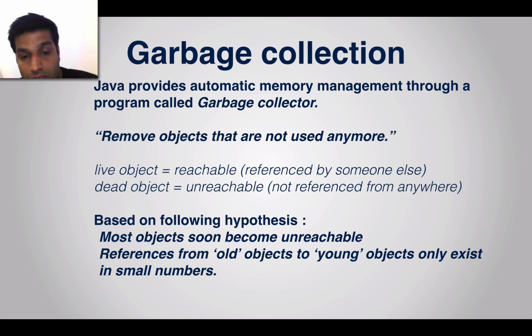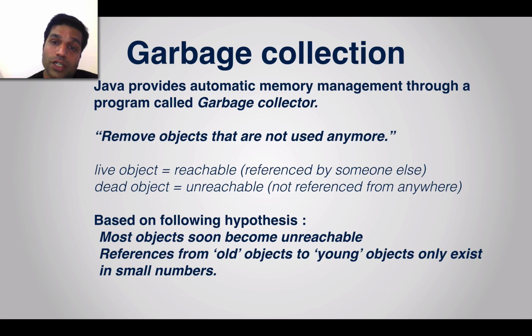And next, references from old objects to new objects only exist in small numbers. That means the objects that live for a long time in your application don't generally refer to freshly created objects. For example, take an object that would survive for a long time in your application, which is probably a cache.